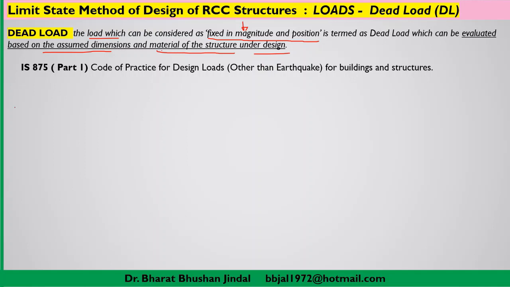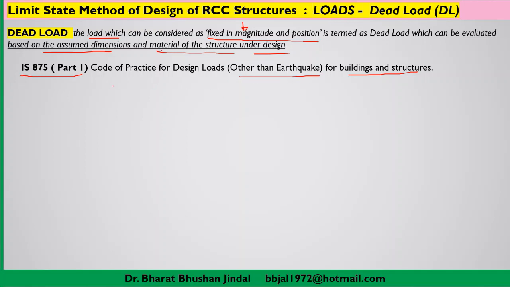Now here we will be taking help of IS 875 part 1, that is code of practice for design loads other than earthquake for buildings and structures. That means if you are going to design any building or structure and you are not considering the earthquake load in your calculation, that means the building is not in any earthquake zone where earthquakes frequently occur.